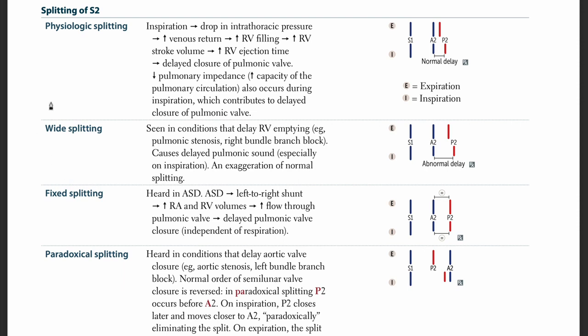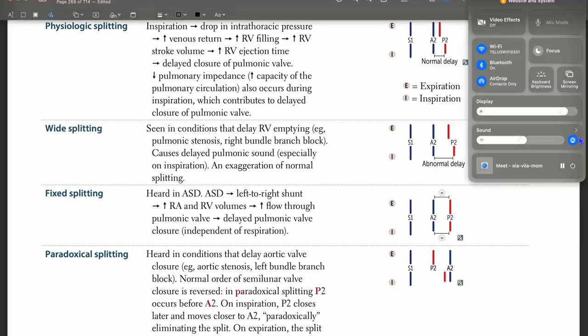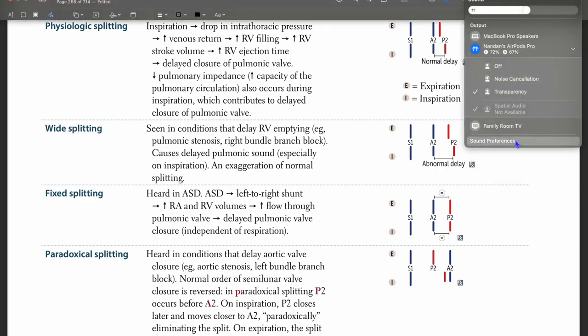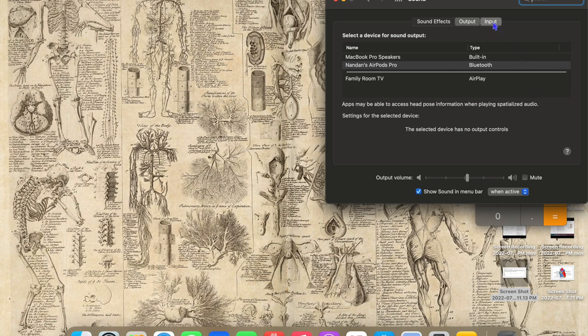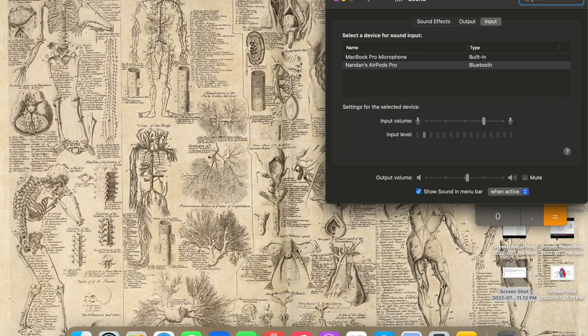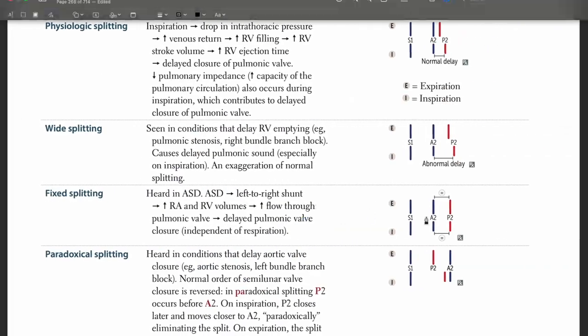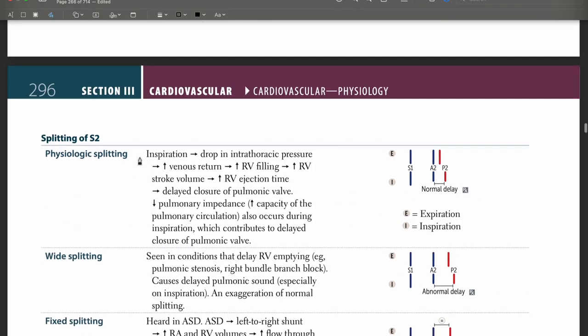So what does that mean? Basically, it's saying try breathing right now. What's going to happen when you're breathing?